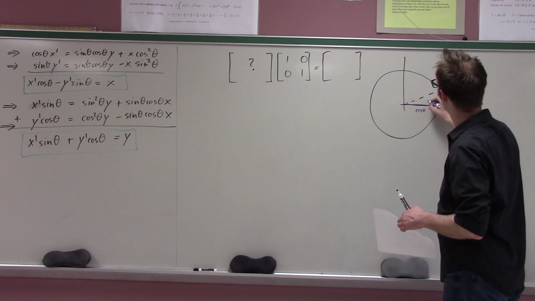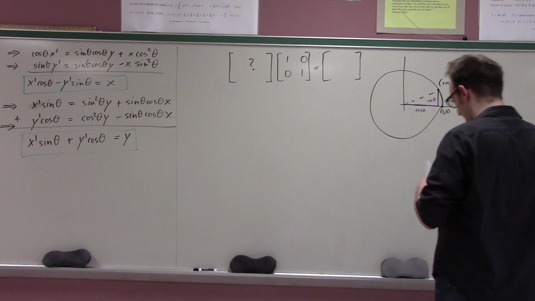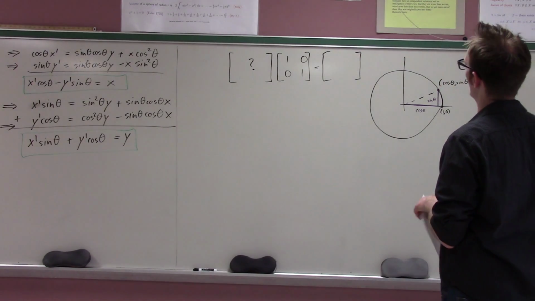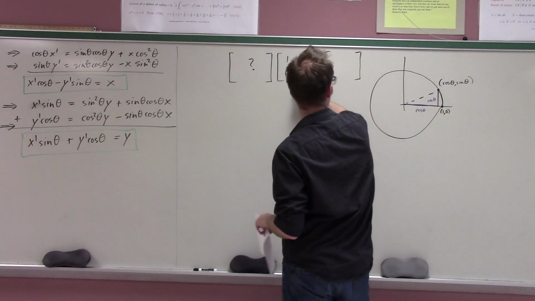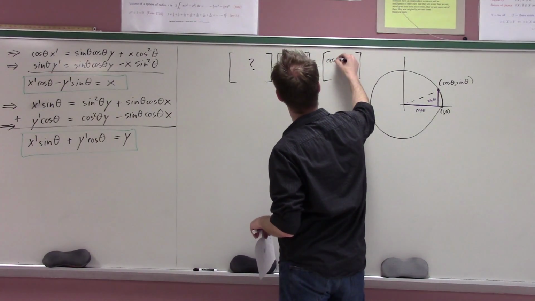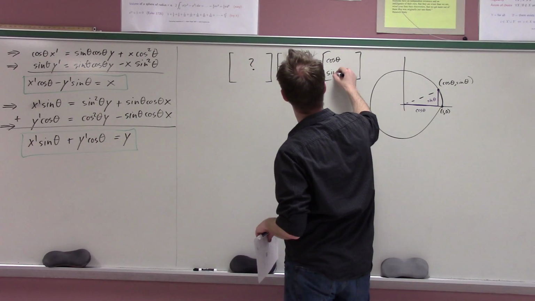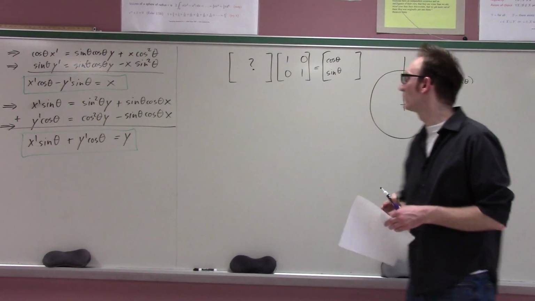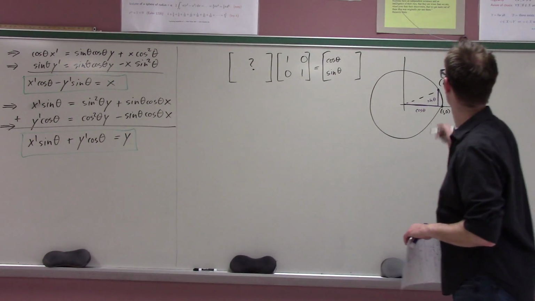So this matrix should make 1, 0 into the vector cosine theta, sine theta, and what should this matrix do to 0, 1?